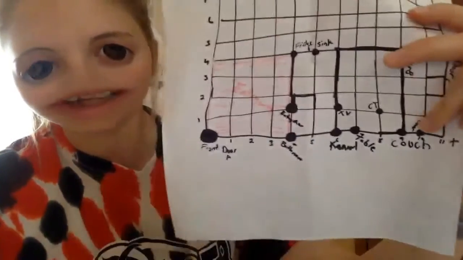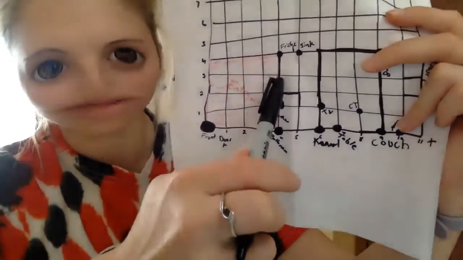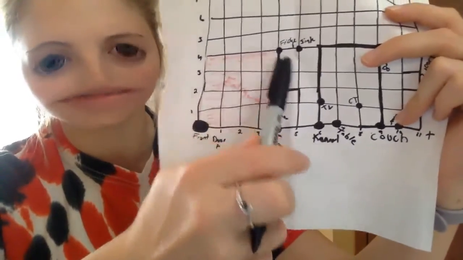Fridge, call it F. My fridge is a little bit different. So it is still at 4 on my X, but it is 1, 2, 3, 4 steps up. It lines up with both 4s. So that one's pretty easy. My fridge is at 4, 4. Just like that. Okay, and I'm going to keep going until I have all 10 points. So fridge, sink.